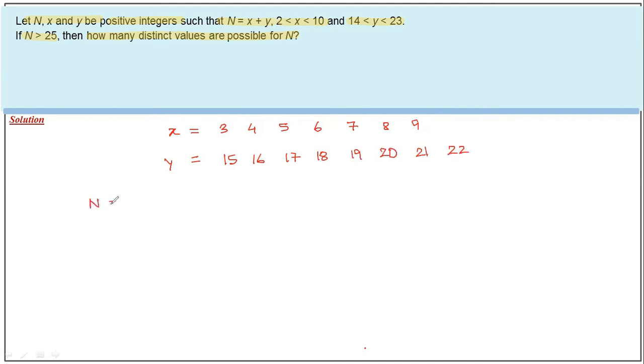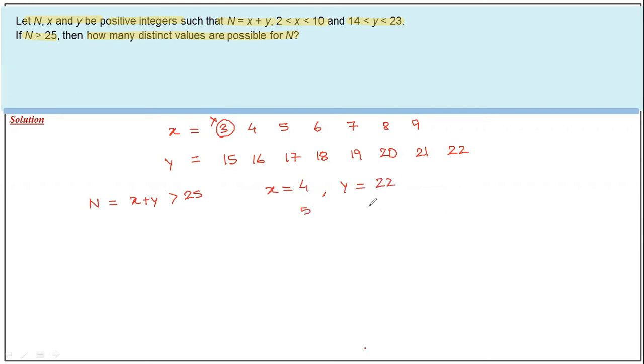Now n is equal to x plus y, which is greater than 25. So first of all, if we take x as 3, then none of the values of y added with 3 will be greater than 25, so this is not possible. Now when x is 4, y can be 22.